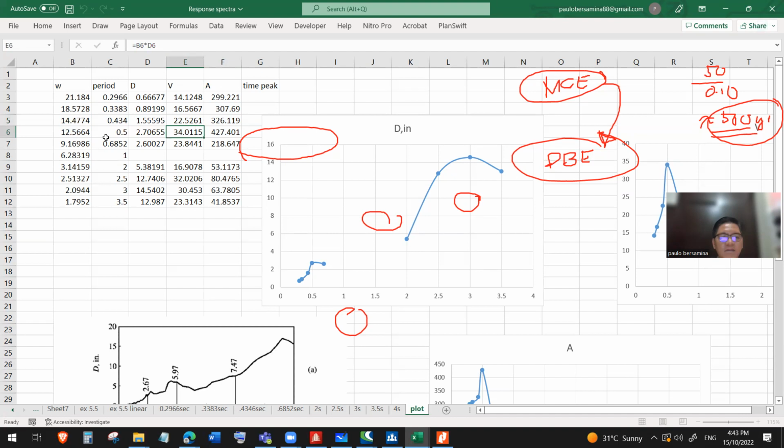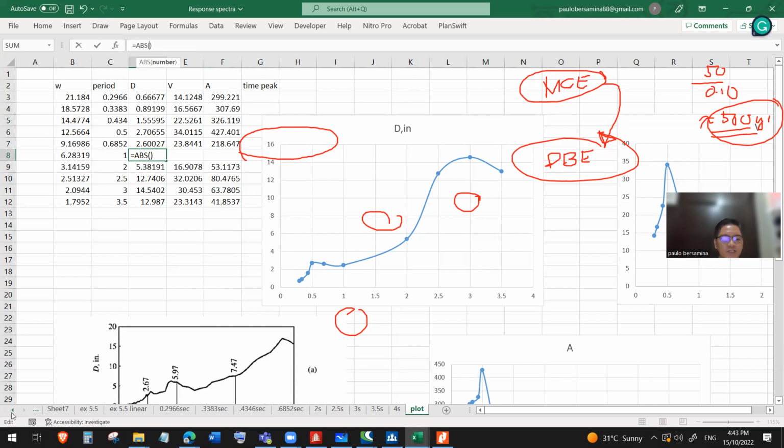Okay. Omega times the deformation. This one is omega squared times deformation. And then how about 1 second? Copying ko muna to. Then I'll change this formula.